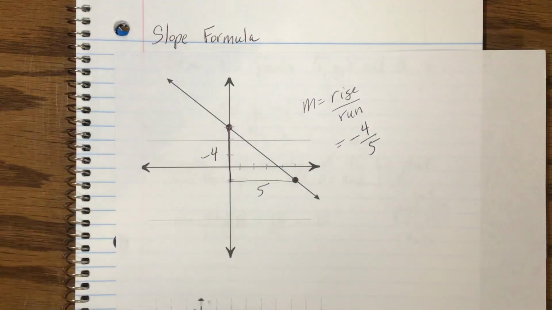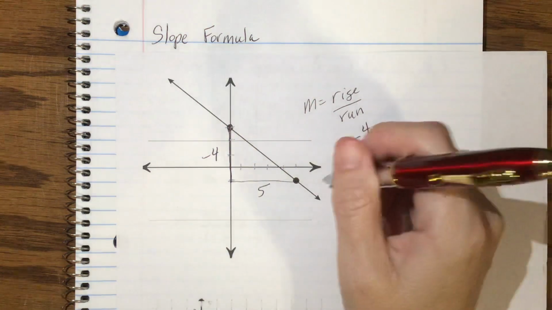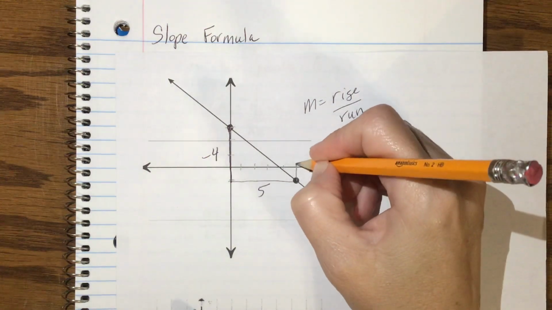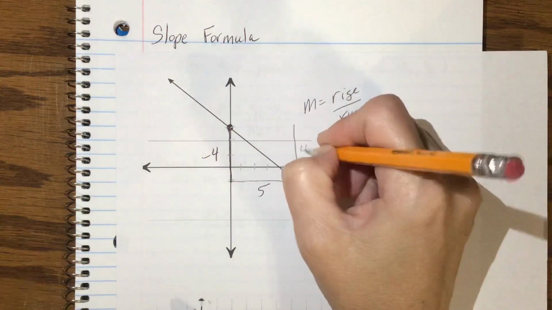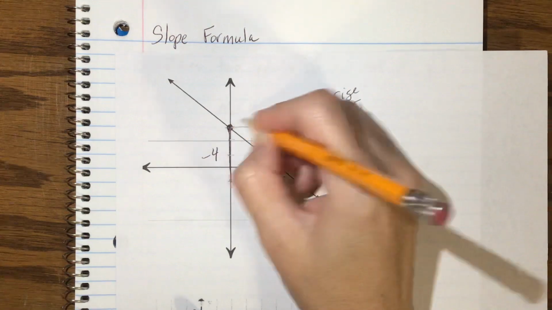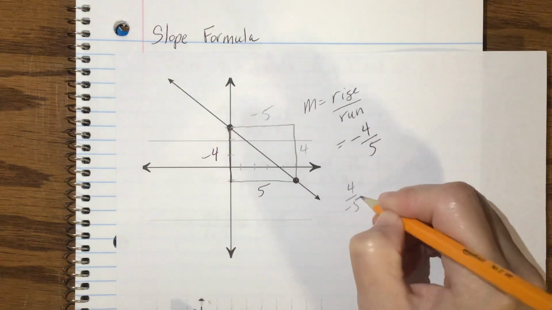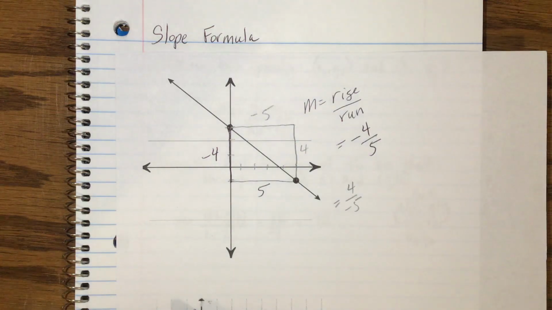Notice my line is going down from left to right, so we totally expected that to be negative, okay? Notice also that if I counted in the other direction, if I counted up 4 and to the left 5, I would end up with 4 over -5, and those things are equal. So I can count in either direction.